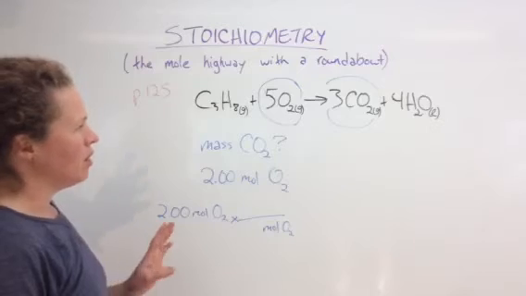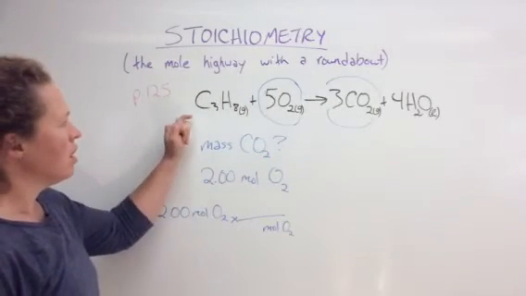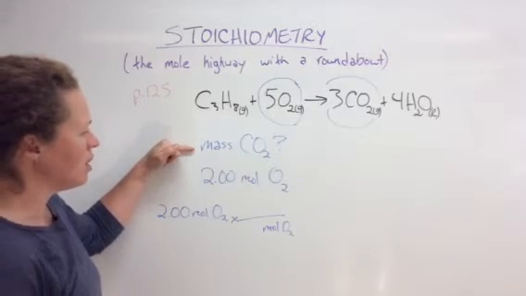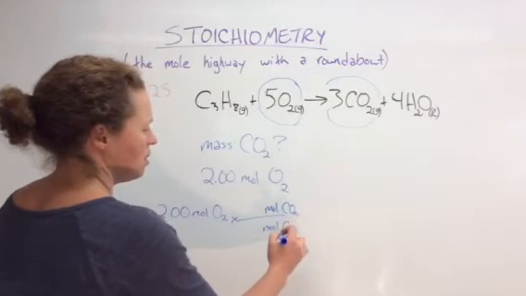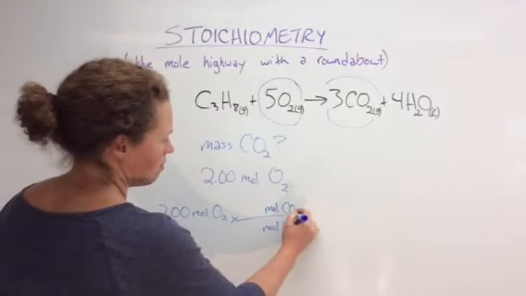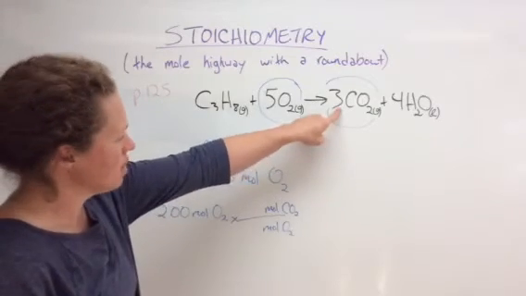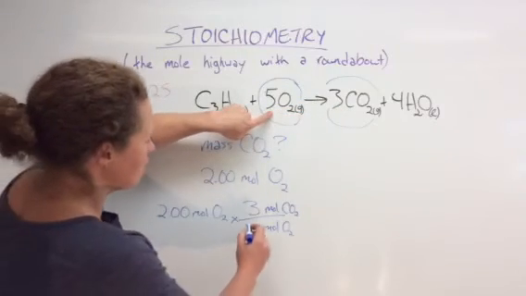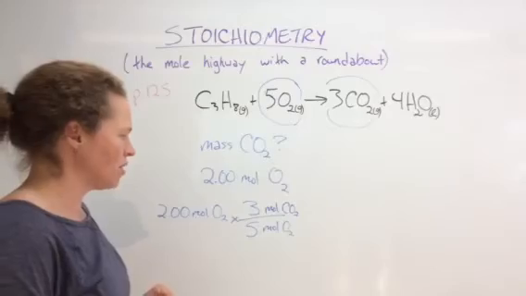And right away, I know that I have this moles to moles conversion that's embedded in the balanced equation, and I know that I want CO2. So I'm just going to say, well, I can go to moles of CO2 then. And then I look at the equation, and it says 3 CO2s to 5 moles of oxygen. So there is my conversion factor.